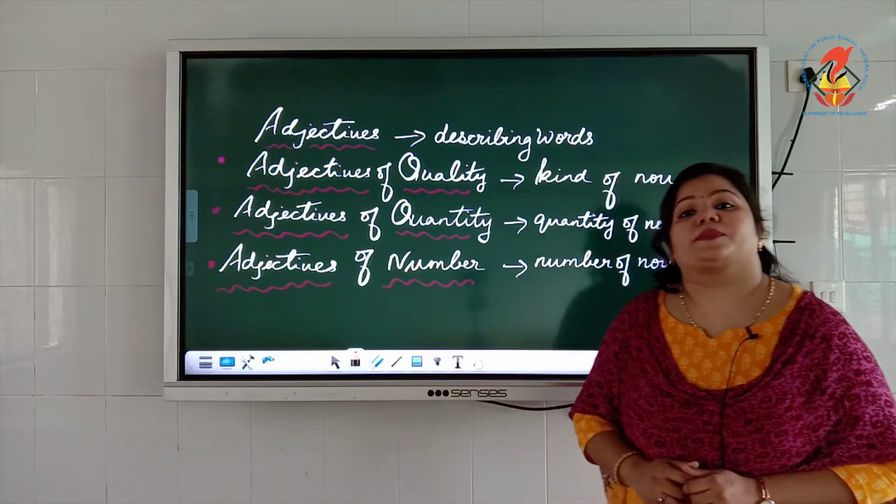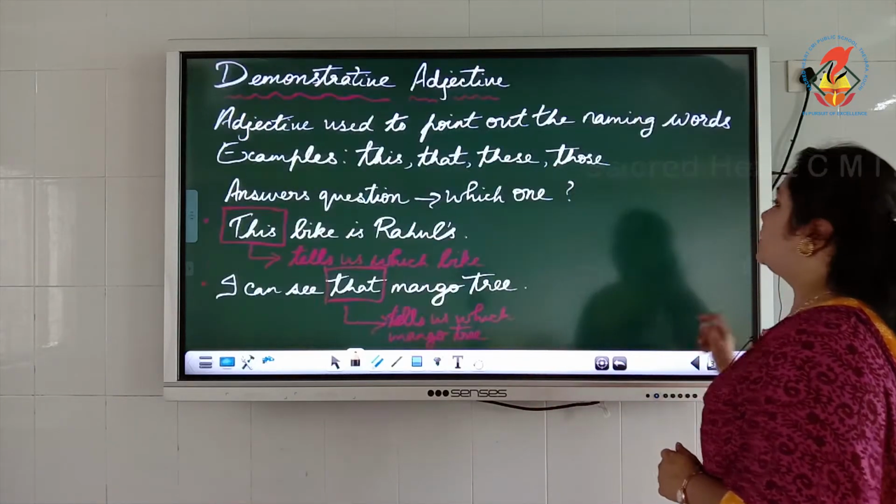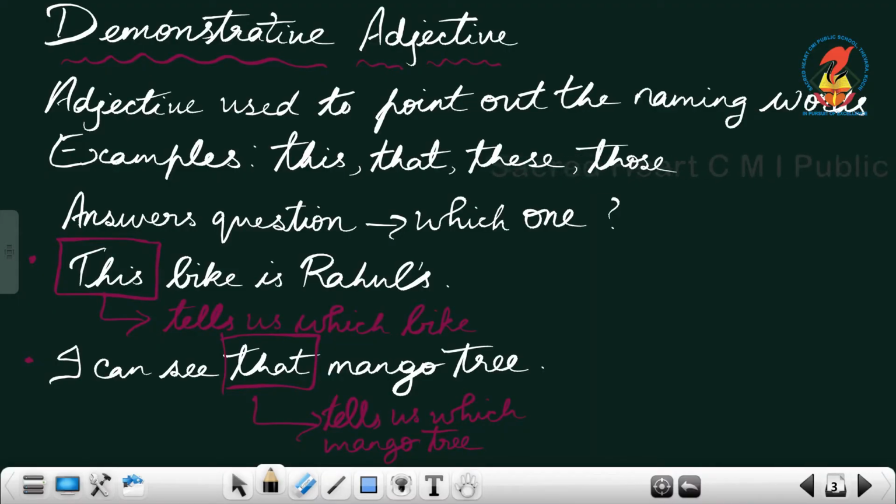Now let us learn certain other kinds of adjectives. Alright, the next type of adjective we are learning is the demonstrative adjective. Now what exactly is a demonstrative adjective? Adjectives that are used to point out the naming word. Okay? Adjectives that are used to point out a naming word are known as demonstrative adjectives.